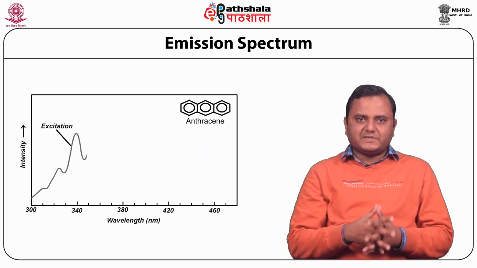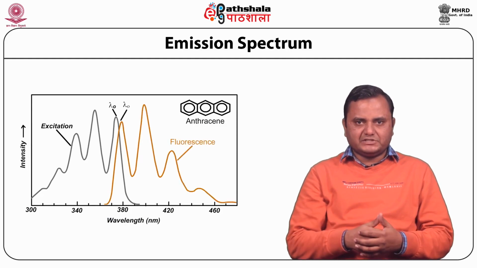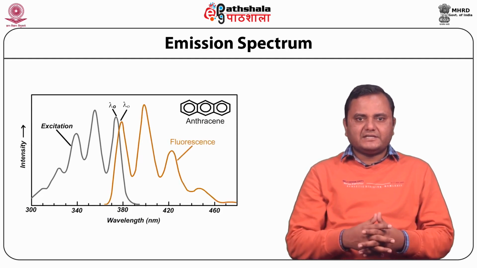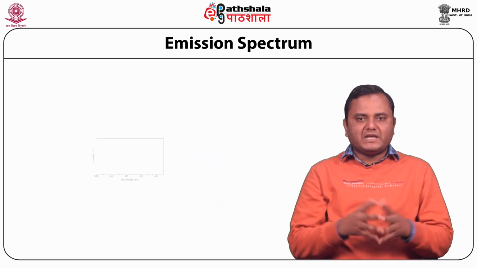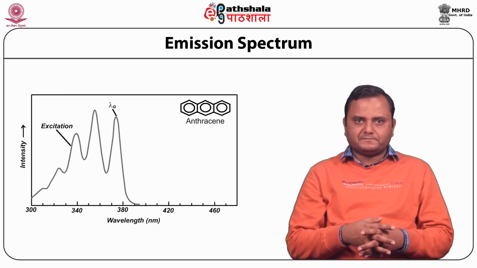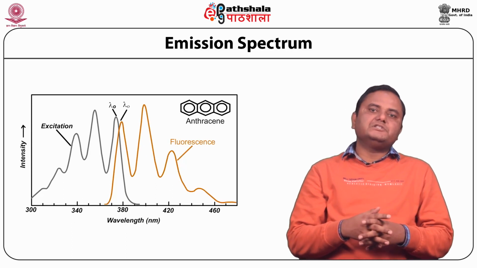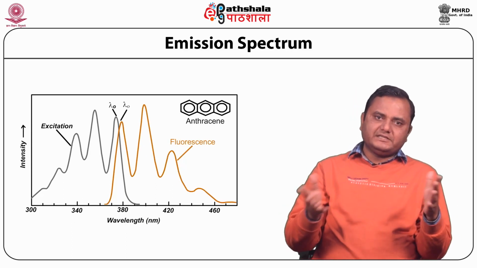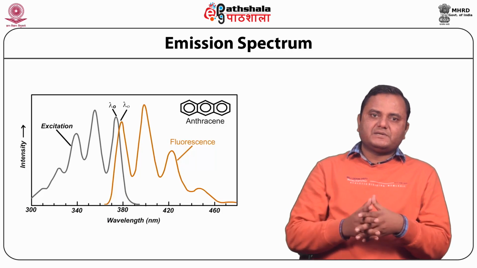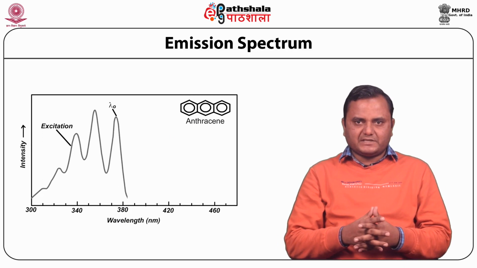It is a recording of fluorescence versus the wavelength of the fluorescence radiation, and it is obtained by setting the excitation monochromator to a wavelength the sample absorbs and scanning with the emission monochromator. Since some of the absorbed energy is usually lost as heat, the emission spectrum occurs at a longer wavelength than the corresponding excitation spectrum.